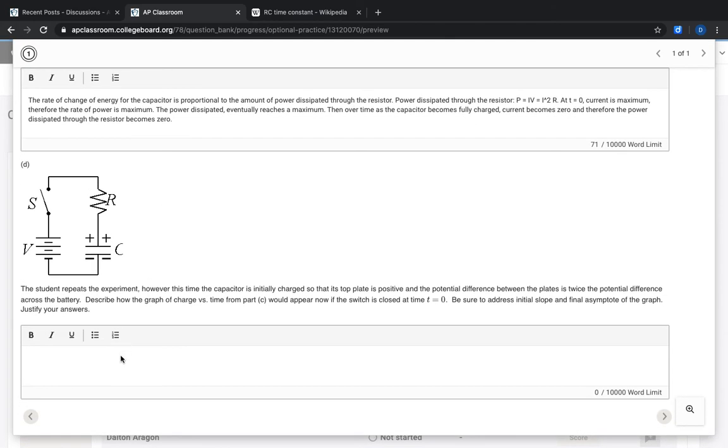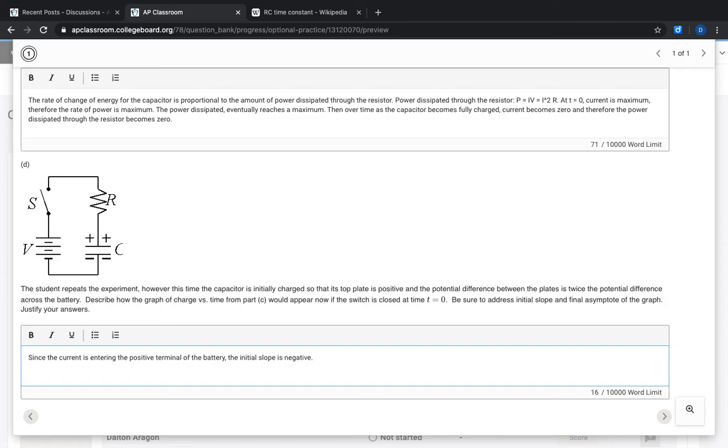So what we're going to say here is that since the current is entering the positive terminal of the battery, technically charge is moving the other way, but anyway, since the current is entering the positive terminal of the battery, the initial slope is negative.